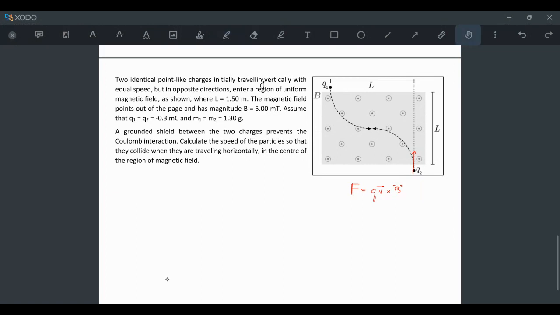If V is pointing up, but this is a negative charge, I'm not going to write it down, but I'll walk through it verbally. I'm going to point my fingers downwards with my hand in the plane of the page. So pointing towards the bottom of the screen, the magnetic field is out of the page. So now I've curled my fingers up out of the page, and my thumb is pointing to the left.